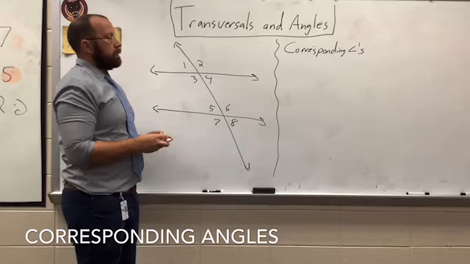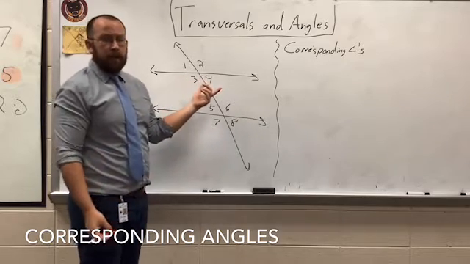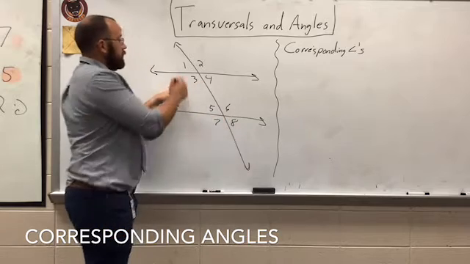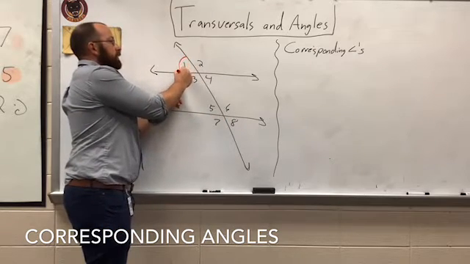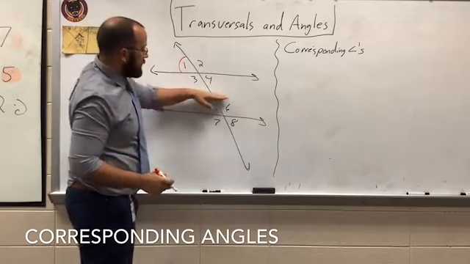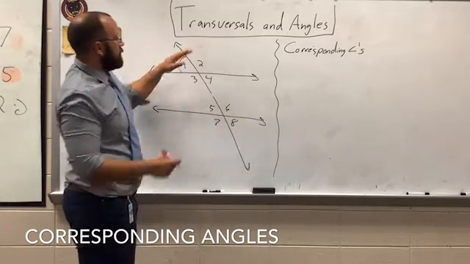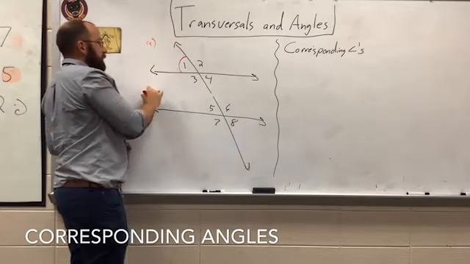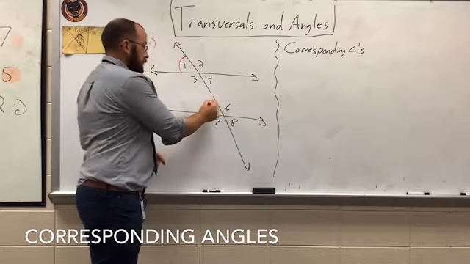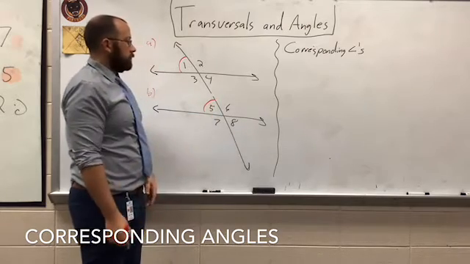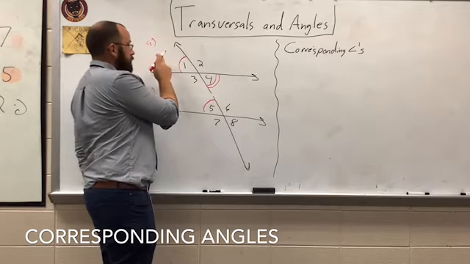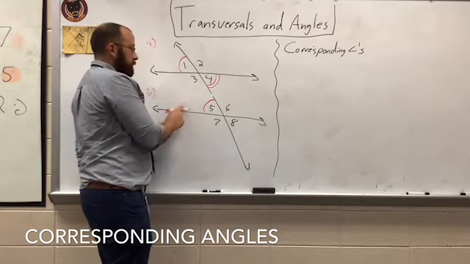These angles, how I like to explain it, is they correspond with the top and the bottom. So one is at the top left of this one. So if I split this in half right there, say this is A up here and this is B down here. What is the angle that corresponds with it down here? 5. If I said 4, which one on B corresponds with A then?